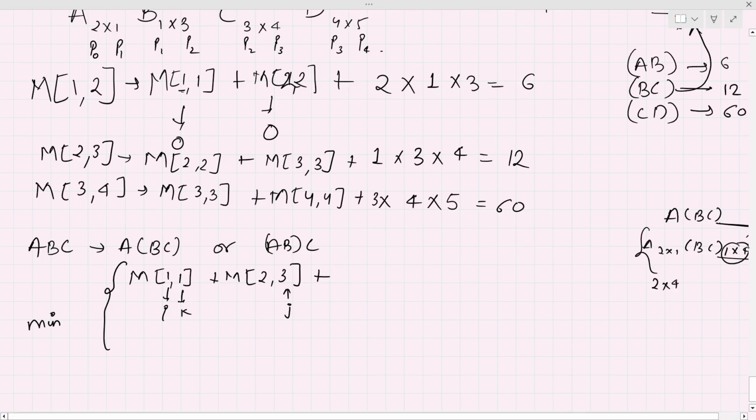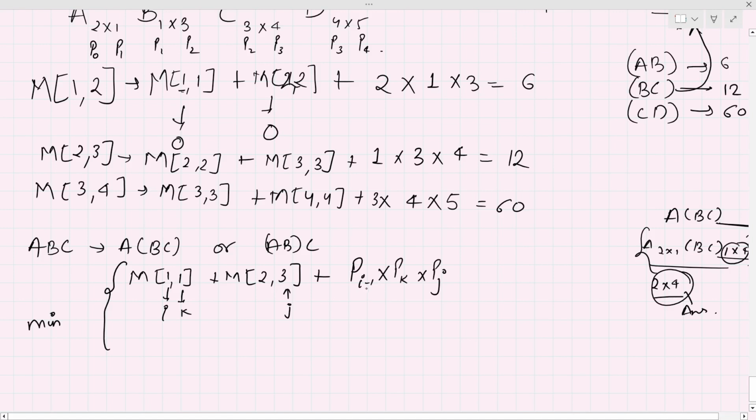A is 2 cross 1 and BC is 1 cross 4, so the result is 2 cross 4. Now we are directly finding the answer. How will we do that? Remember this formula: P I minus 1 multiplied by Pk multiplied by Pj. This is the important formula that you have to know.